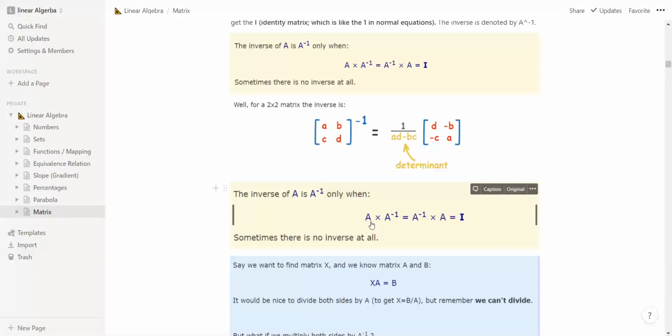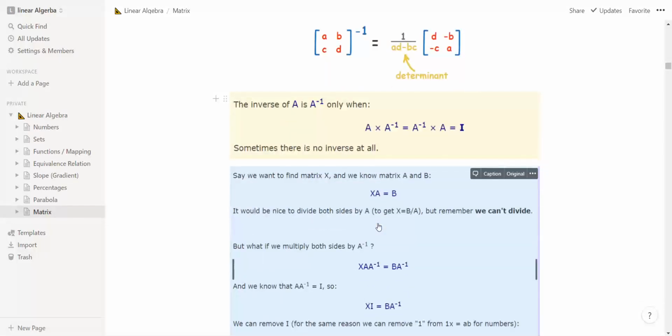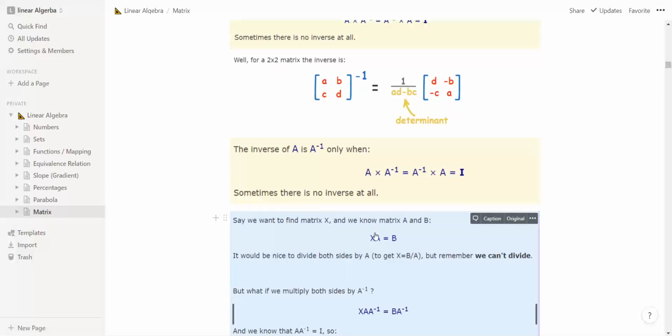Once you multiply a matrix by its inverse, you should get an identity matrix. Say, for example, you have this equation here. Usually, when we have a linear equation, you divide by a, so you have x equal to b over a.